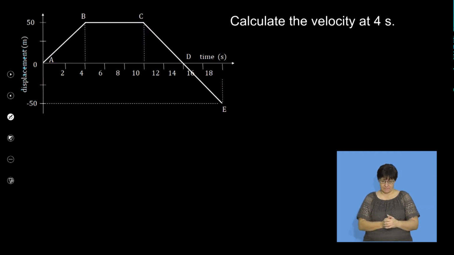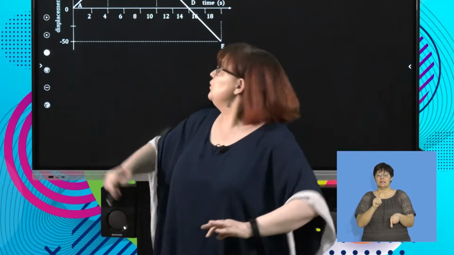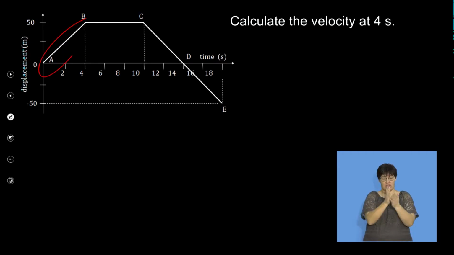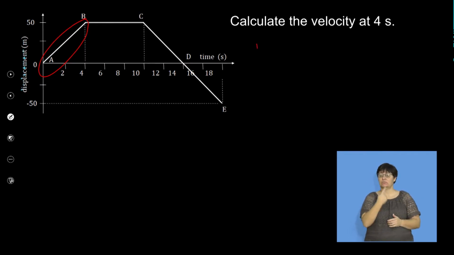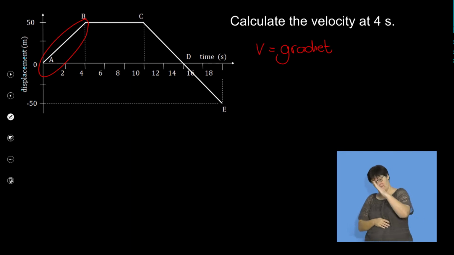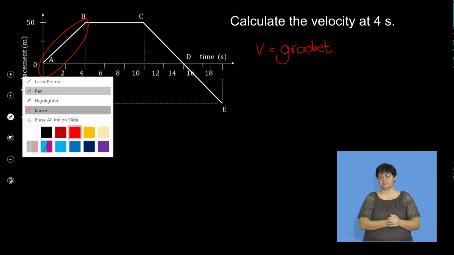So, first thing is, we would say to you, calculate the velocity at 4 seconds. Now, because the displacement time graph is a straight line, we would say, well, what is his velocity during that point? And we remember from graphs that to get velocity, we would use the gradient. So his velocity is the gradient of my graph, which, oopsie, maybe I should spell gradient correctly for you.